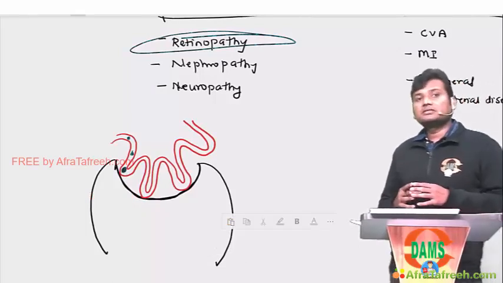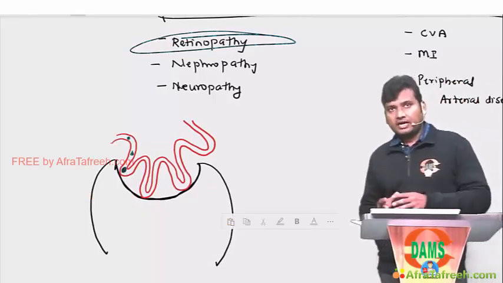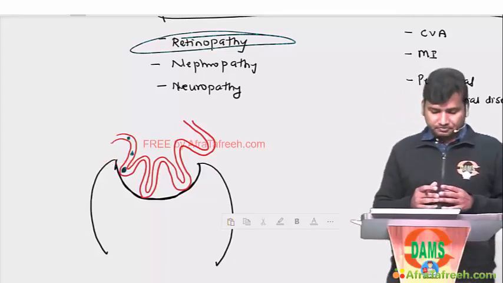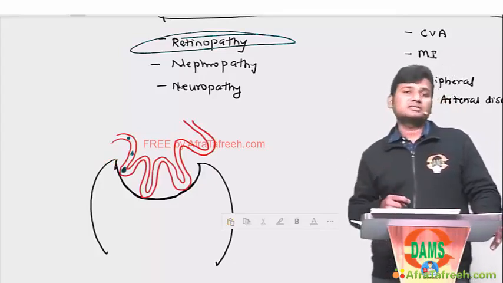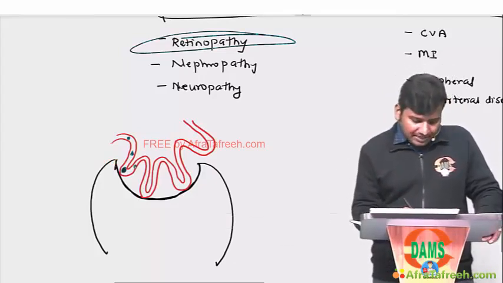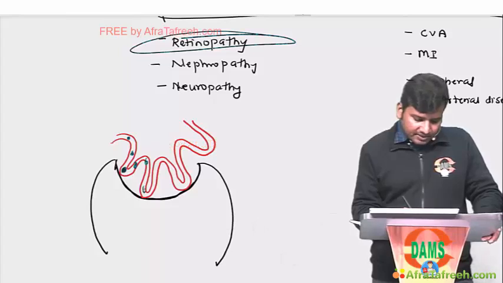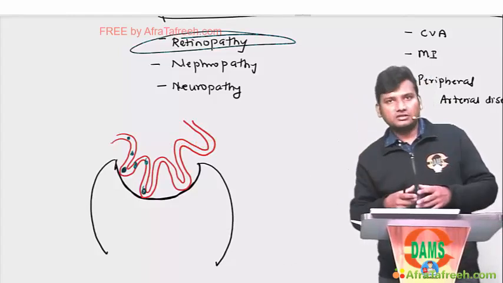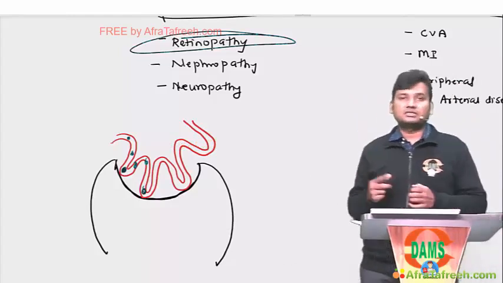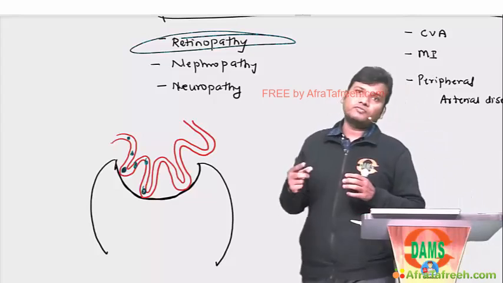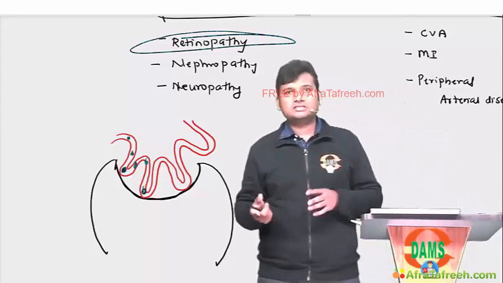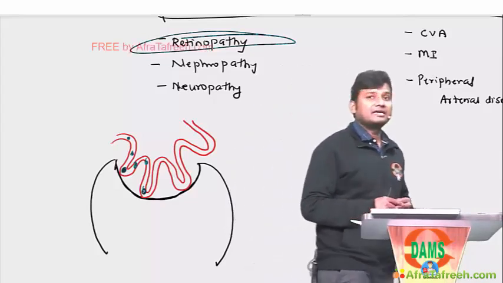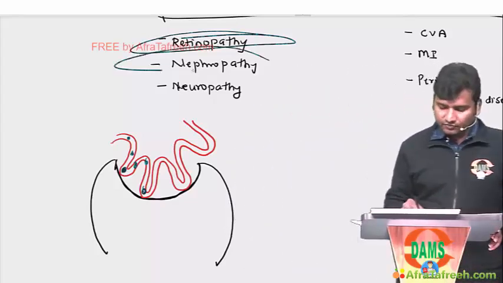First thing, these glycated products are not flexible. They cannot take the turn. Plus, the diameter of the blood vessel is very small. So these glycated products will be deposited in the very tortuous vessels of the glomerulus. They will block the blood supply. They will cause ischemia to the kidney. They will cause inflammation, sclerosis, and infarct in the kidney. It is called diabetic kidney disease or diabetic nephropathy.